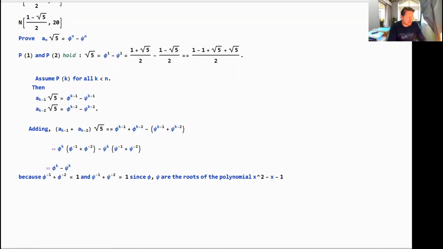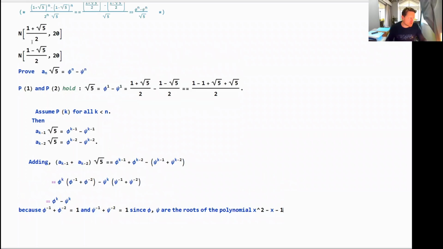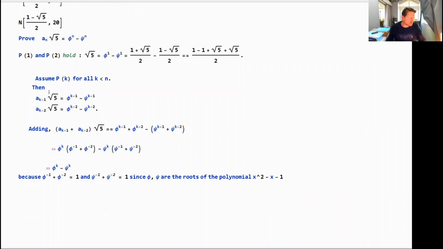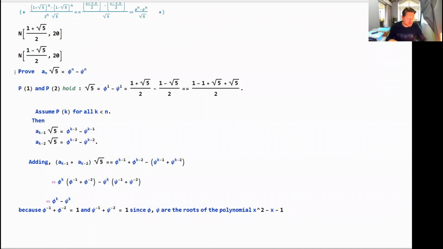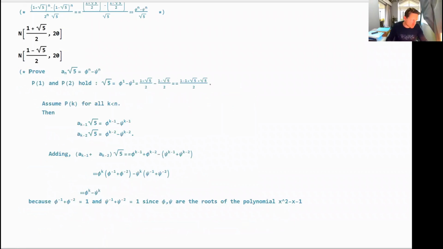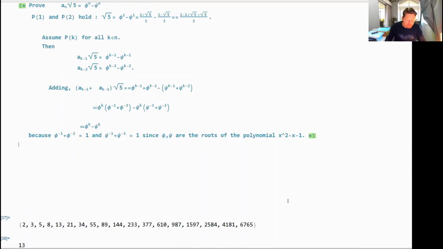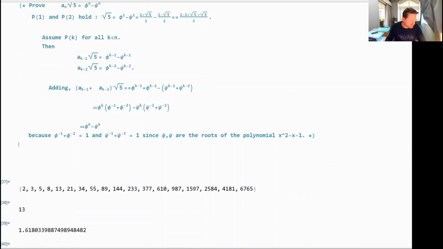Okay, and let's just verify that, because we've already taken the numerical approximations of both of those numbers, phi and psi. All right, so what I'll do next is I'll turn all of this into a comment, so I can do a calculation right here, just to show you that that's actually the case. Pull up some space.